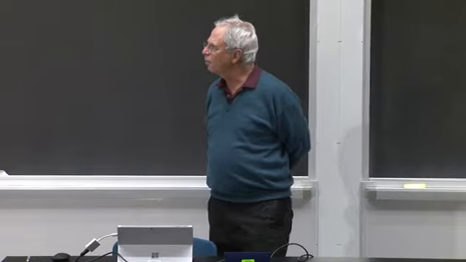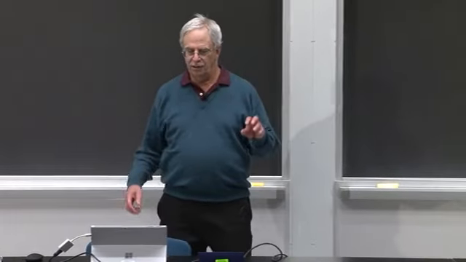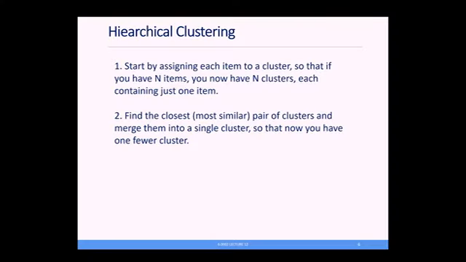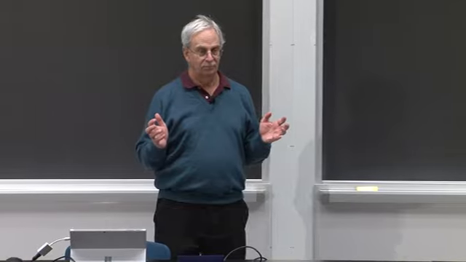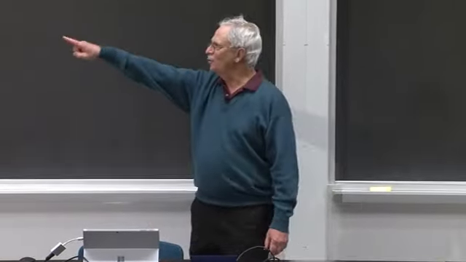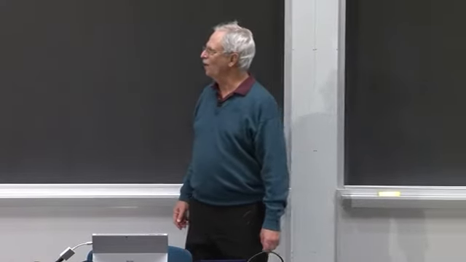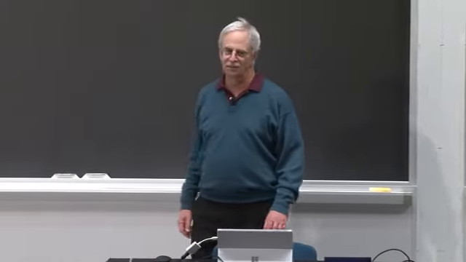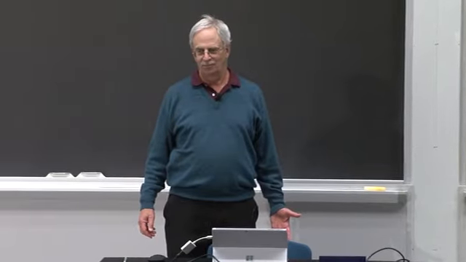In the next step, we find the 2 most similar clusters we have and merge them into a single cluster. So that now, instead of n clusters, we have n minus 1 clusters. And we continue this process until all items are clustered into a single cluster of size n.